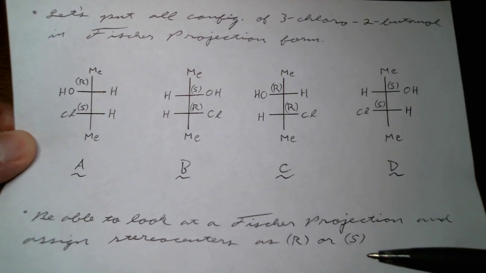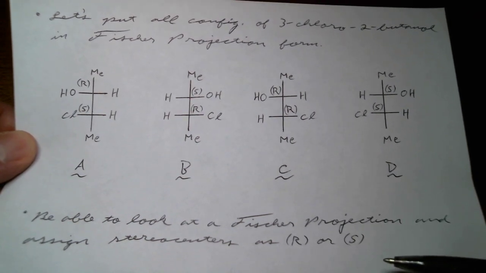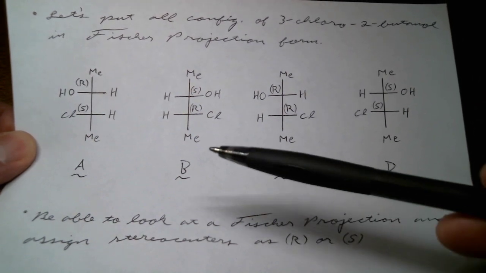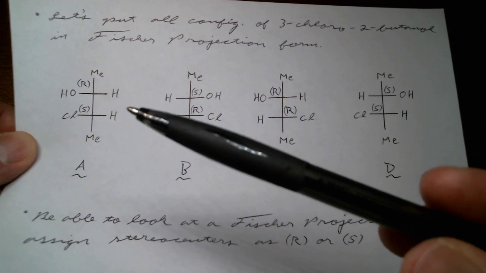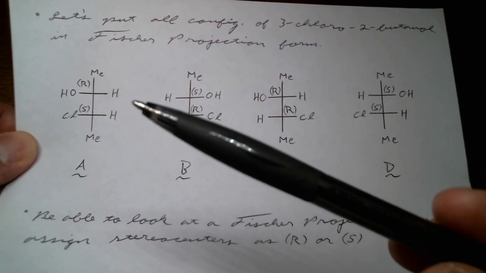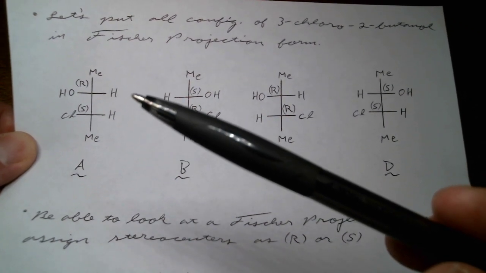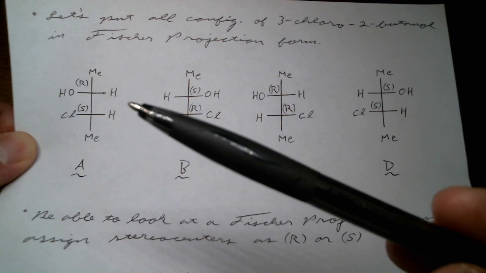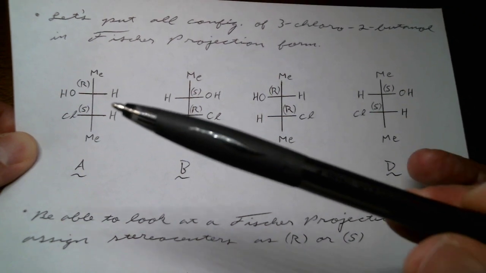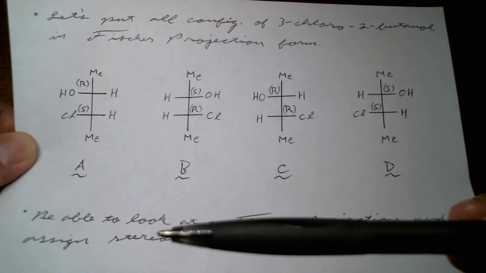So another thing I would ask students is to be able to look at a Fisher projection and assign the stereocenters as R or S. And this is kind of difficult. I think I alluded to it in the first lecture video for the series, that you might ask me to do an interpretive dance for this, but it's really not too bad once you get the hang of it, to be able to look at this Fisher projection and say to yourself, oh, that's an R stereocenter.